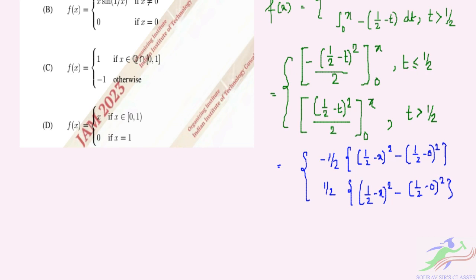Now your f(x) after solving this will be minus half of (half minus x) whole square plus 1 upon 4 for x less than or equal to half, right? And this would be half of (half minus x) whole square minus 1 upon 4 for x greater than half.